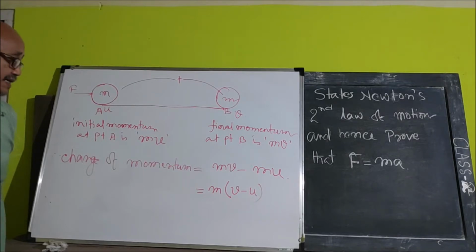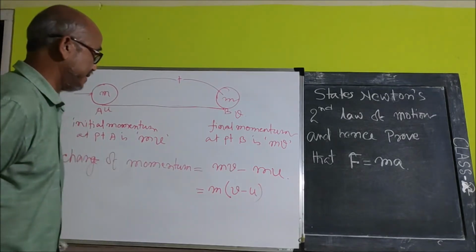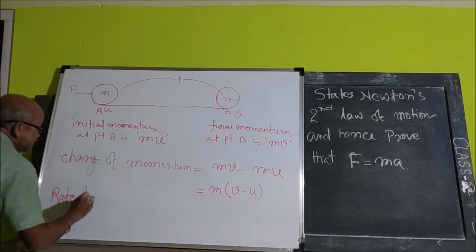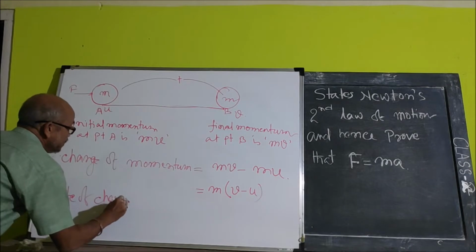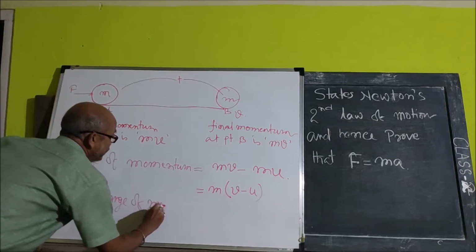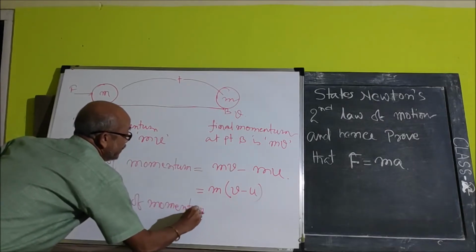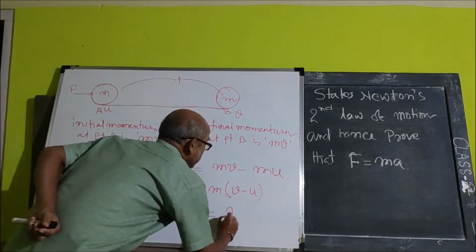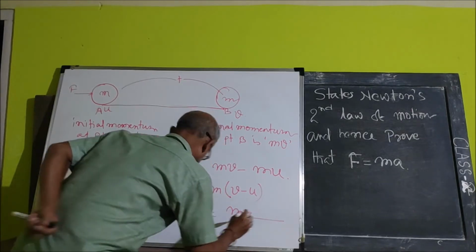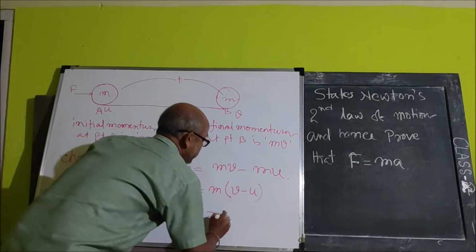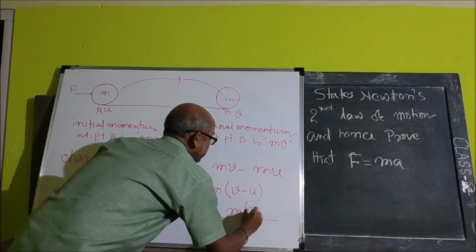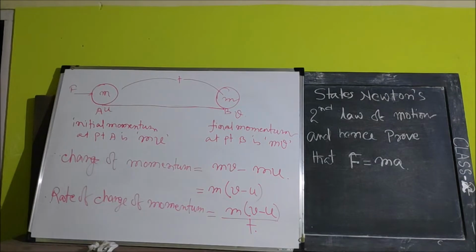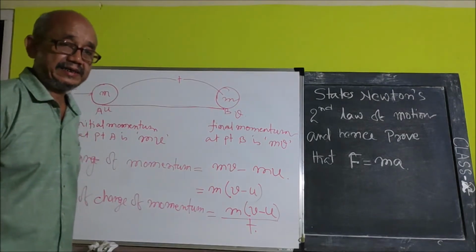Rate means divided by time, so we have to divide by t. So the rate of change of momentum equals m(v minus u) by t. That is the rate of change of momentum.